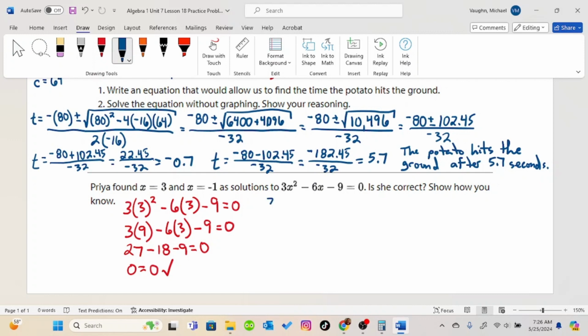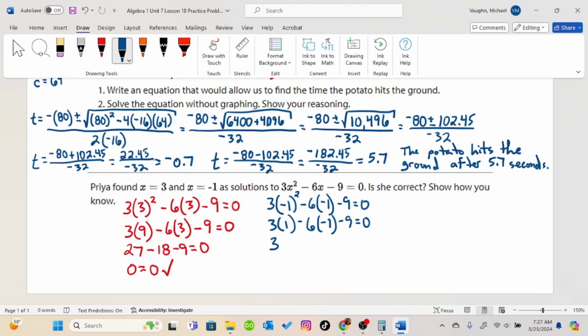Then I should be able to do the same thing with negative 1 if it really is the other solution. Negative 1 squared is 1. Three times 1 is 3.